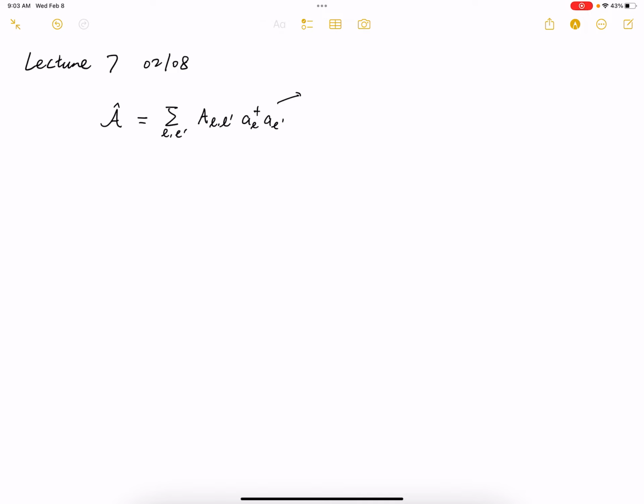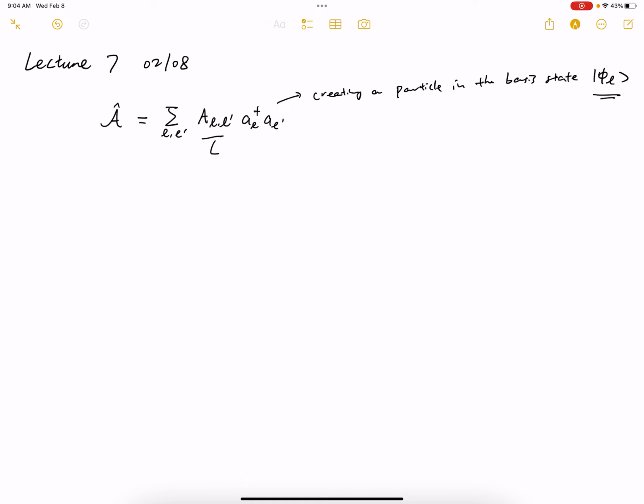Here a_L dagger means we are creating a particle in the basis state labeled by L. Suppose you only have one particle in the system, then we can always define a basis for that single particle's Hilbert space, and those are called the phi L's.